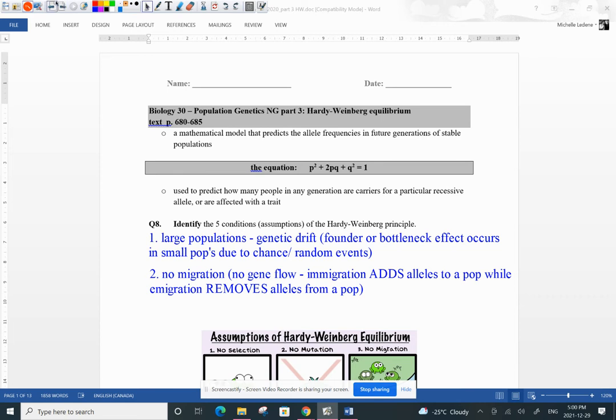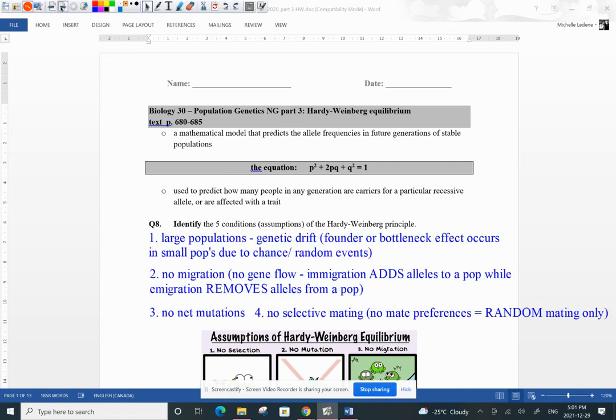So no migration. Okay. Third condition, no net mutations. We talked about how Benji was this purple, blue-skinned person, and the reason why is because there was a mutation. So there can be no net mutations for a population to be in Hardy-Weinberg equilibrium.